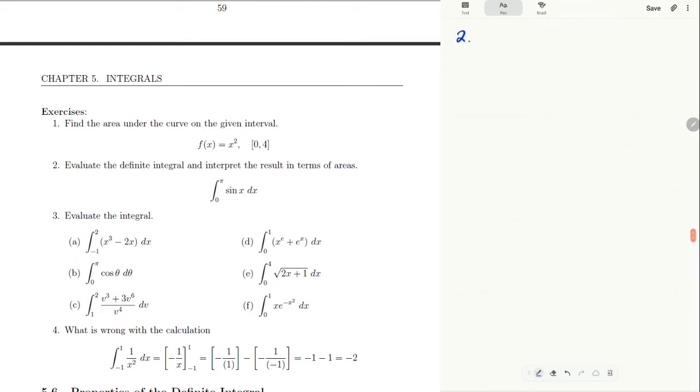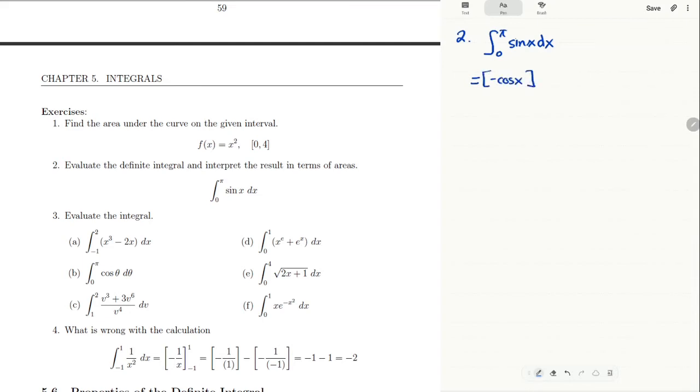Now let's have a look at the second example. We have the integral from 0 to pi of sine of x dx. So let's use the fundamental theorem of calculus. We're looking for the antiderivative of sine of x, which is negative cos of x.